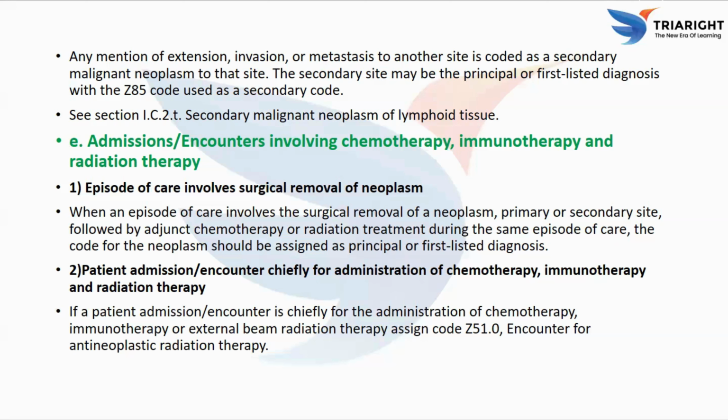So generally we assign Z51.0 for radiation therapy, Z51.11 for encounter for chemotherapy and Z51.12 for encounter for immunotherapy. So this is how you sequence the codes when the encounter is only for therapies but not for surgical treatment.